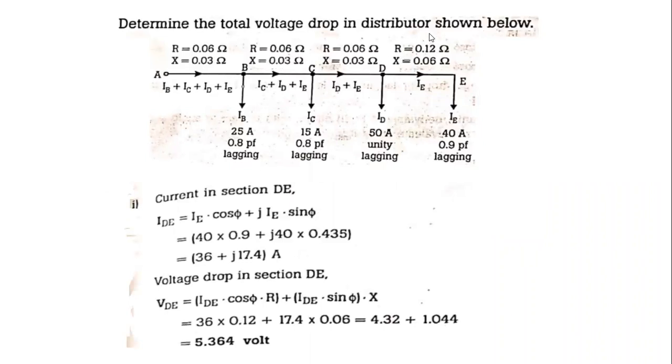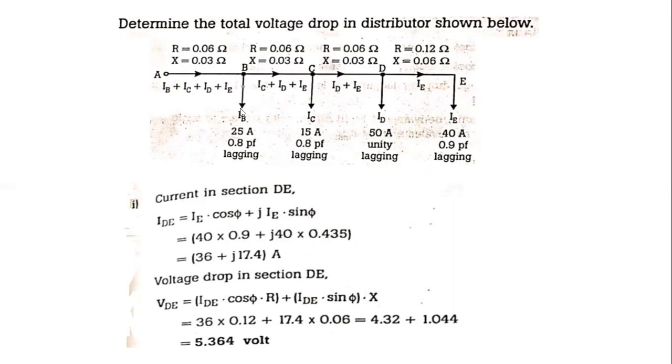Determine the voltage drop in the distributor shown below. There is a diagram given, in which the resistance and reactance values are mentioned at every section. We have the AB section, BC section, CD section and DE section.